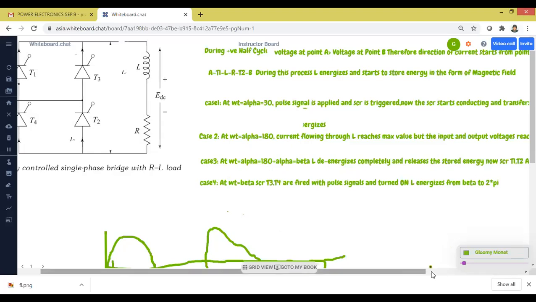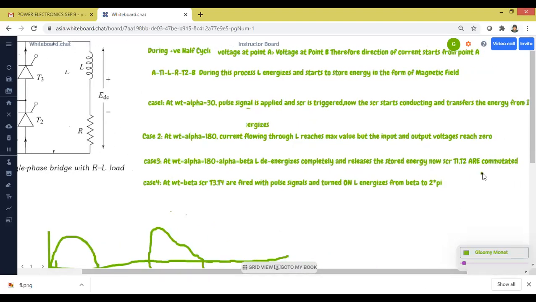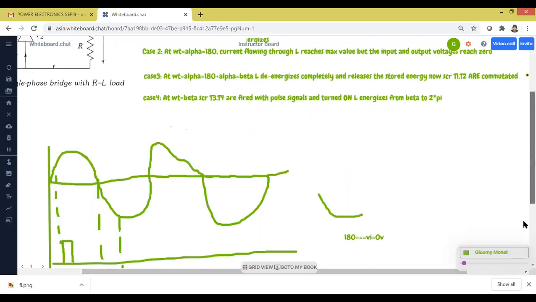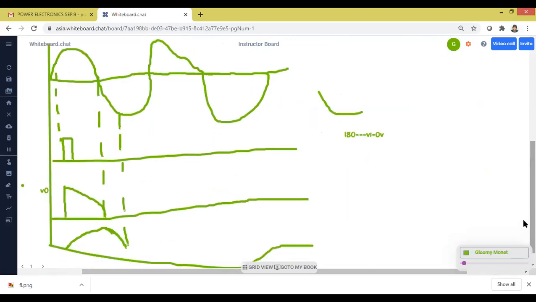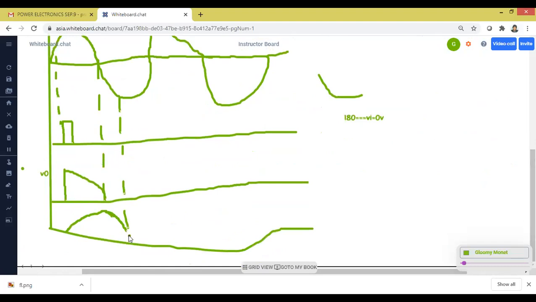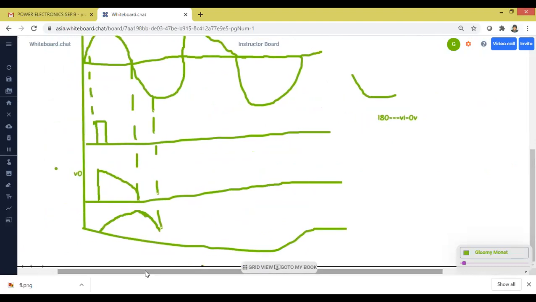Now SCRs T1 and T2 are commutated naturally. The commutation, the process of turning off the SCR, we have already taken. So no doubt here, all the students. The current waveform is different. The current waveform reaches maximum value at omega t equal to 180 degrees, and then it de-energizes.